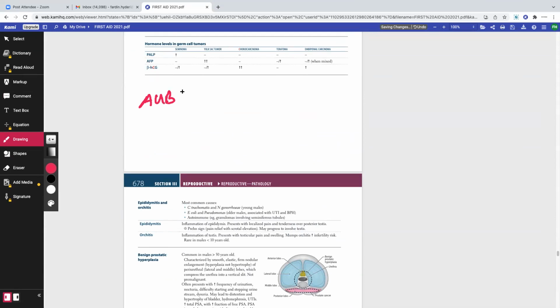First one: abnormal uterine bleeding, that is menorrhagia, metrorrhagia, with enlarged, boggy, uniform uterus. What is your diagnosis? Adenomyosis. Very good.